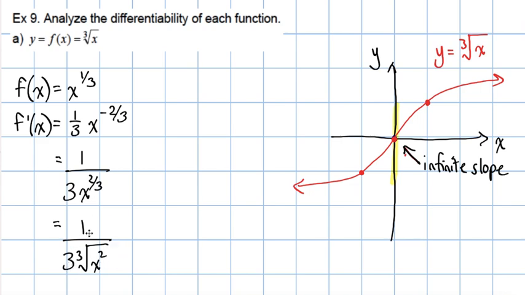So the denominator is going to be 0. So x can't be 0 because it makes the denominator 0. We know it's not going to be differentiable at this point because that's where we're not able to find the derivative. So this is where it's not differentiable.